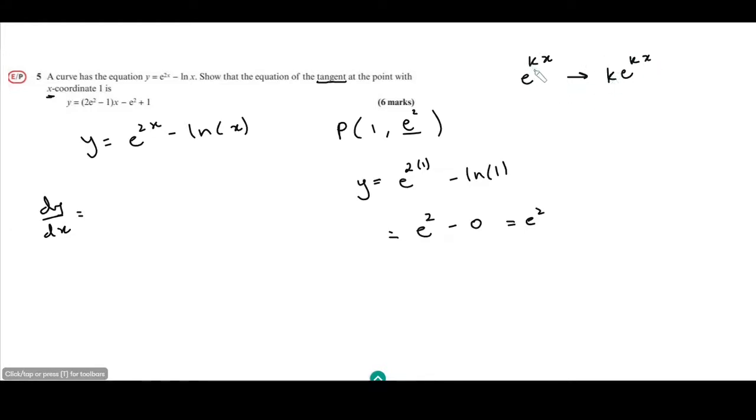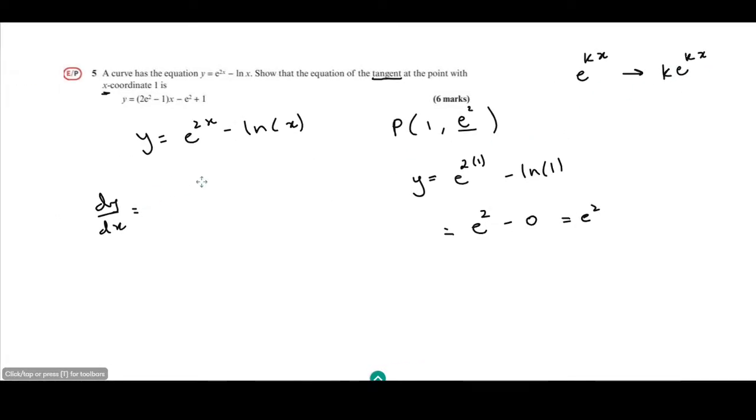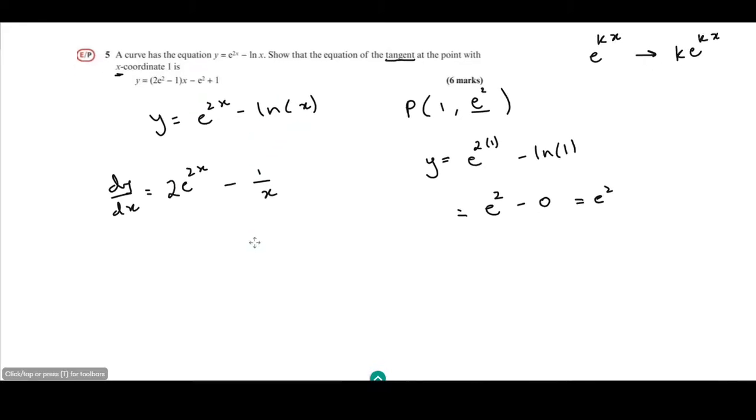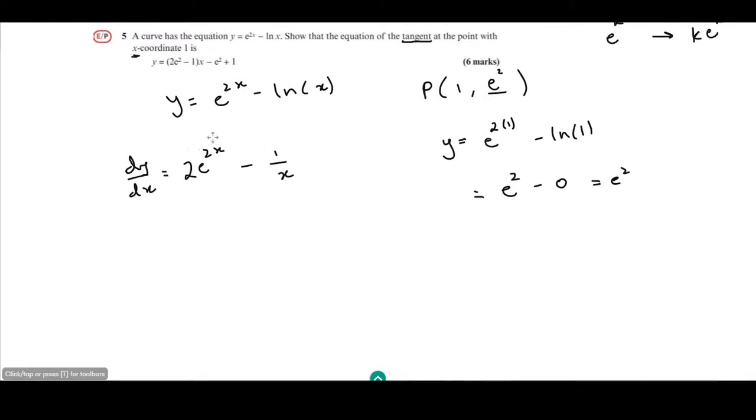So for example, let's say if you have e to the 5x, then the derivative of that would be 5 e to the 5x. In our case, we have e to the 2x, so the derivative of this is 2 e to the 2x. Minus the derivative of ln of x, you should already know this, is 1 over x. Okay, so this is our derivative of the curve.